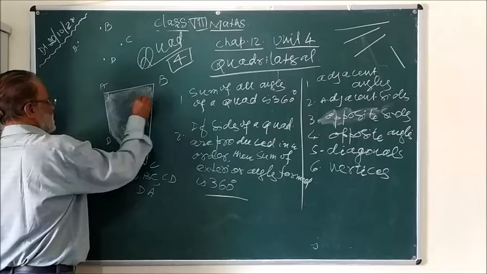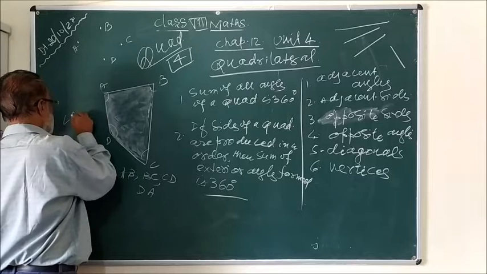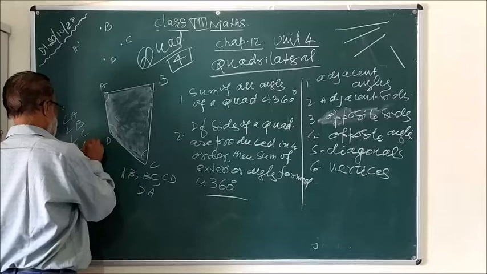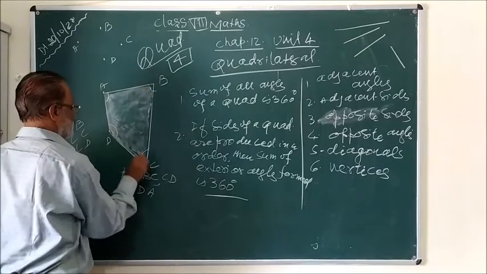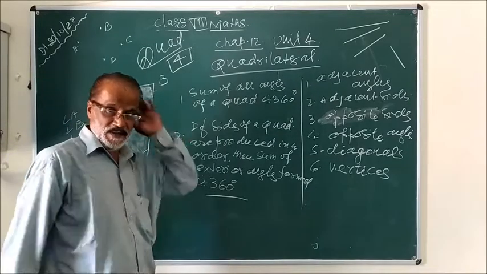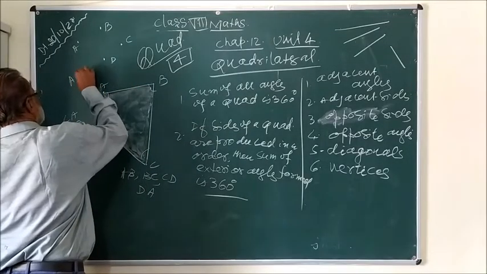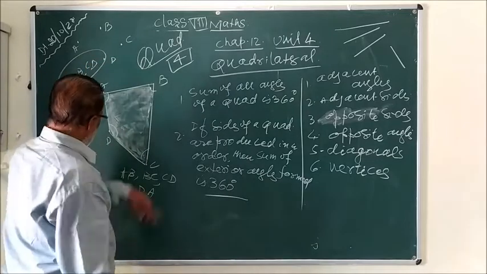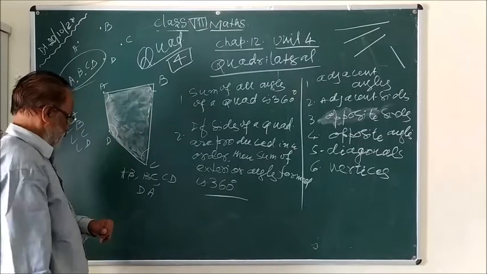Angles also form: angle A, angle B, angle C, angle D. The points where two lines meet are called vertices. So the vertices are A, B, C and D. A quadrilateral has four sides, four angles, four vertices.